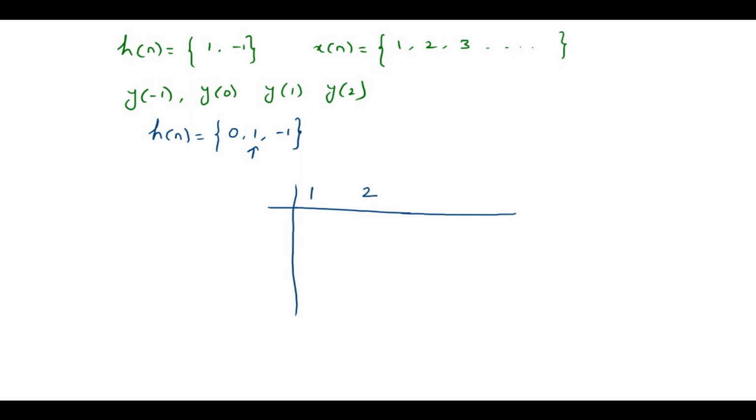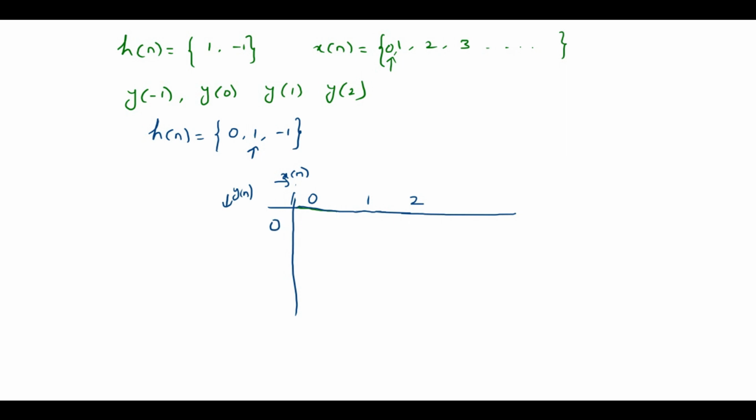This is the origin. 0, 1, 2 and so on is x of n, and I am taking the y of n here.